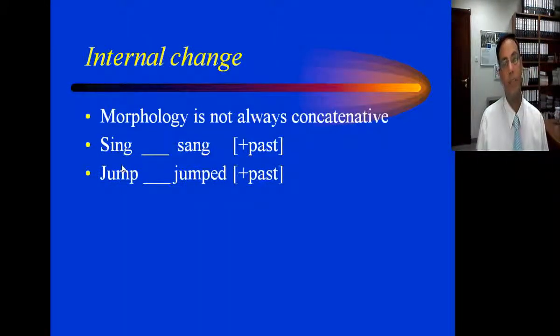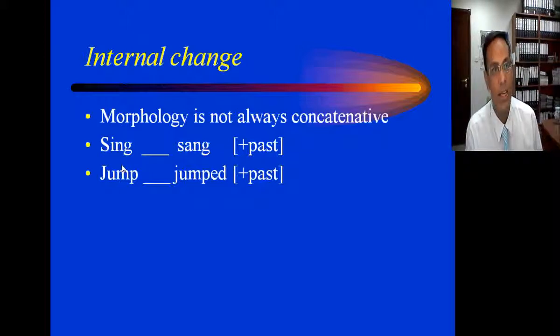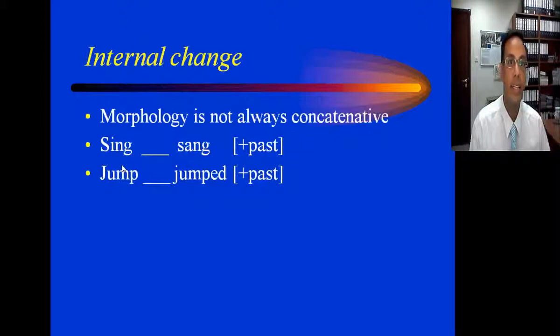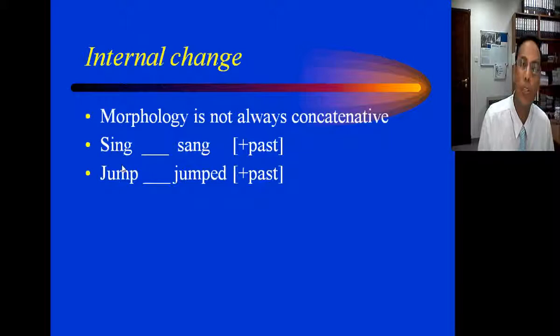Next, let's move to the next section, internal change. Morphology is not always concatenated. It means we do not have regular cases all the time. For example, look at the verb sing. When we form the past, we do not add ed.